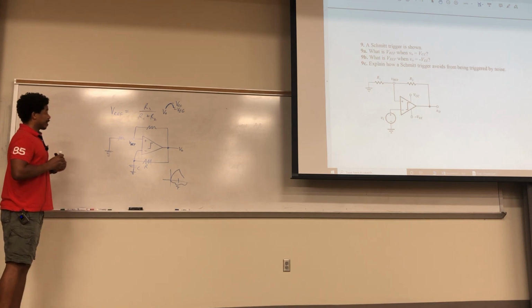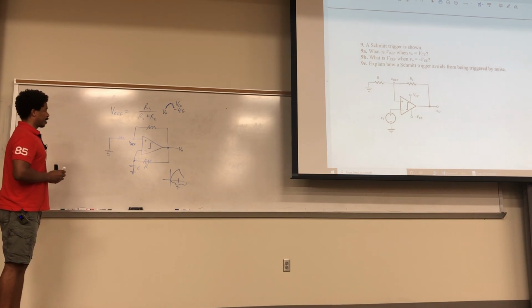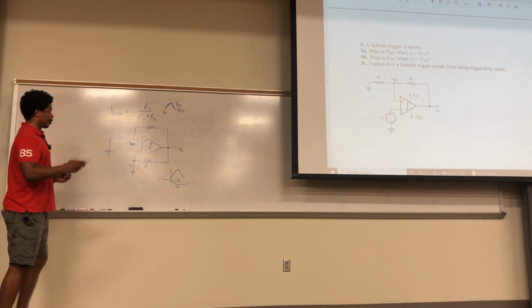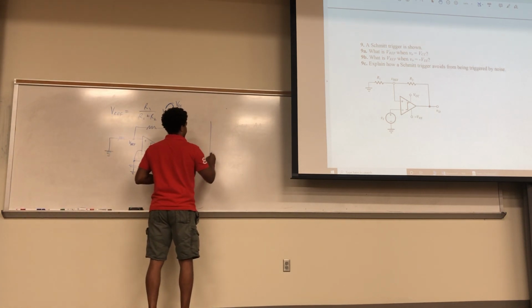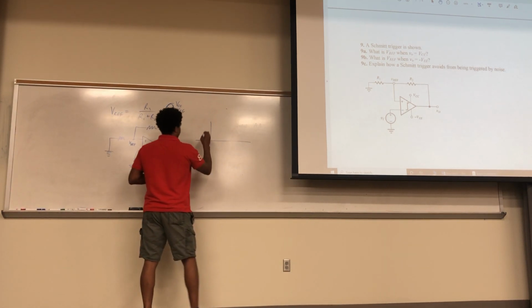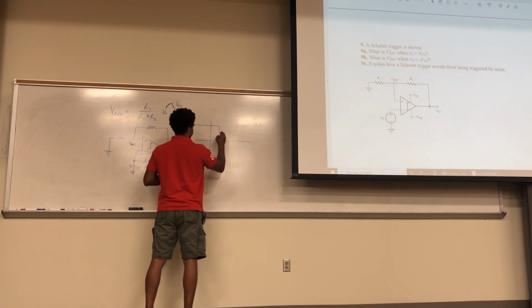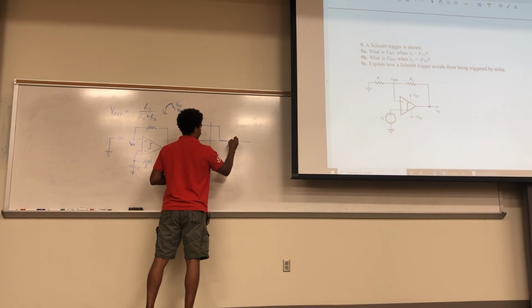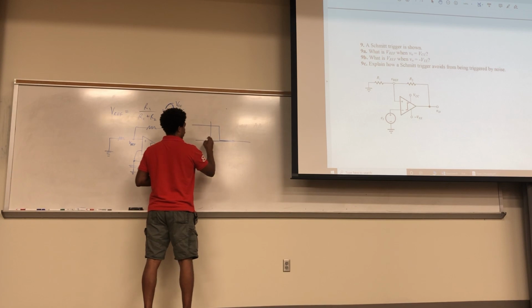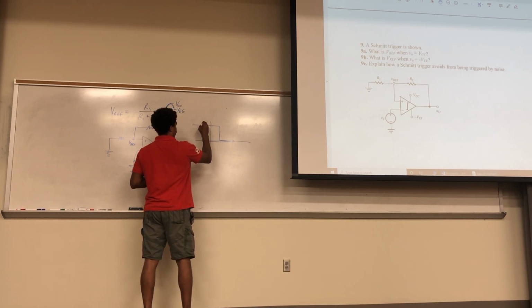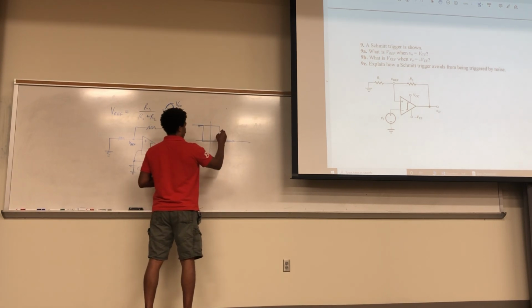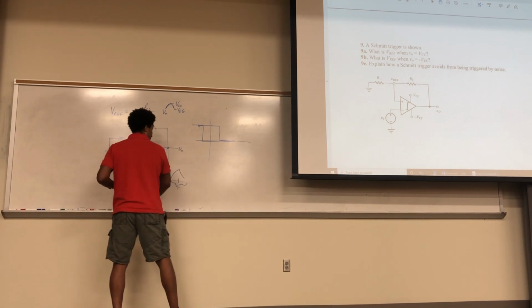If you do that, then you can get rid of that problem where it switches just due to noise, because what happens is you're going over here before you switch, and then on the way back, you come way over here before you switch, right? Wait a minute, I'm sorry.